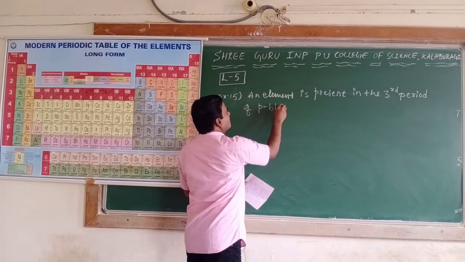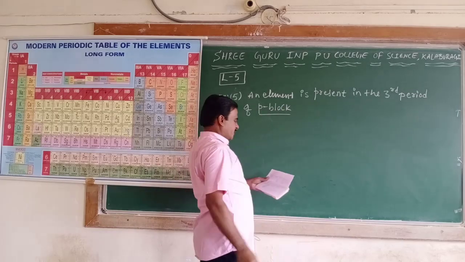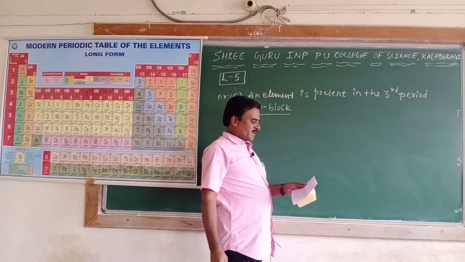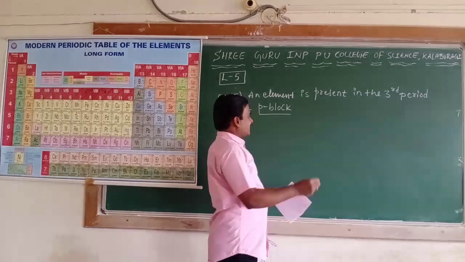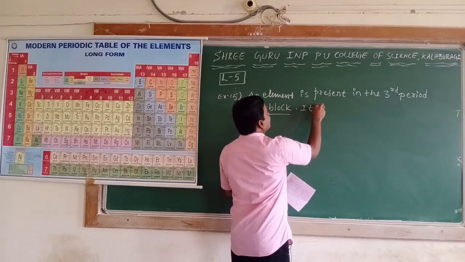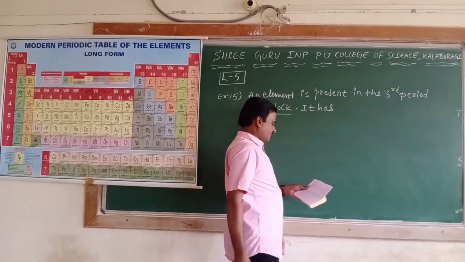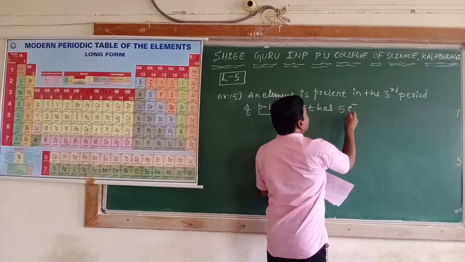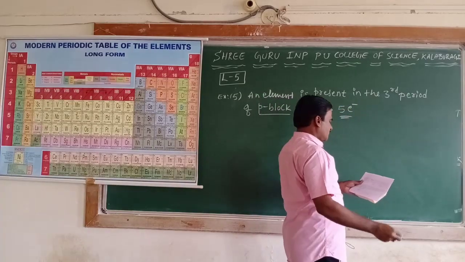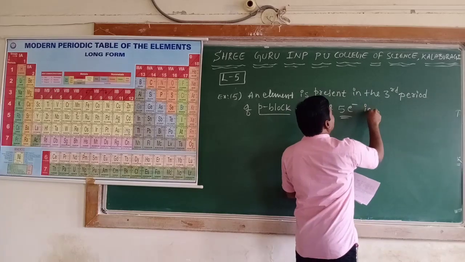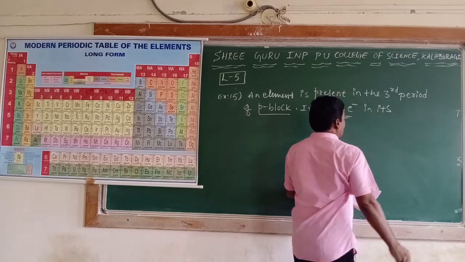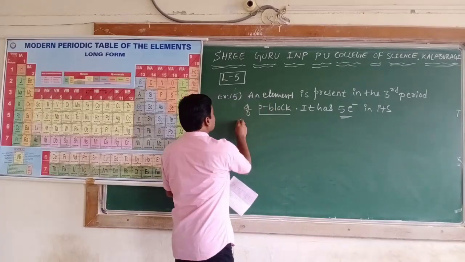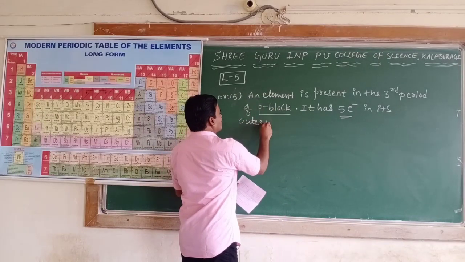They have mentioned the block to which the element belongs. It has 5 electrons in its outermost shell.